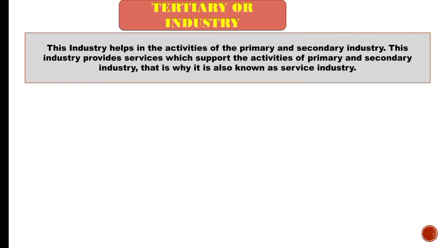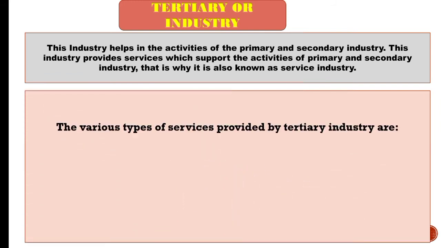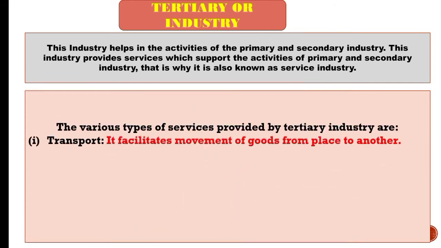Now there are various types of services provided in tertiary industries. First is transport. Transport facilitates the movement of goods from one place to another. As we know, production of goods takes place at one place, whereas these are demanded in different parts of the country.